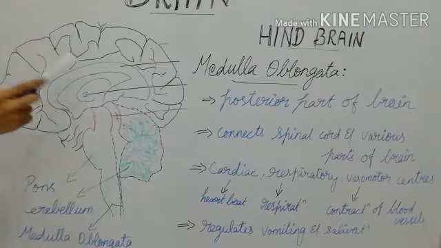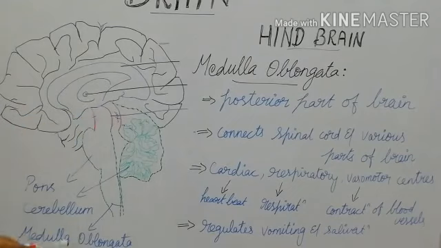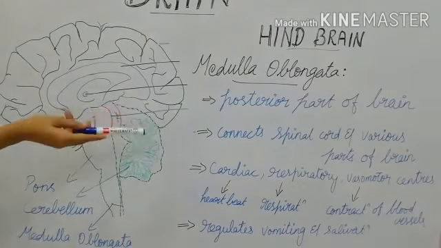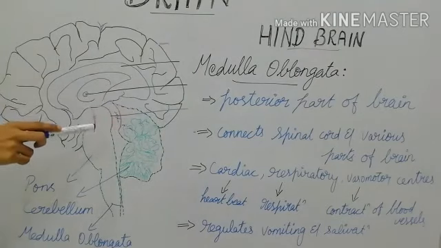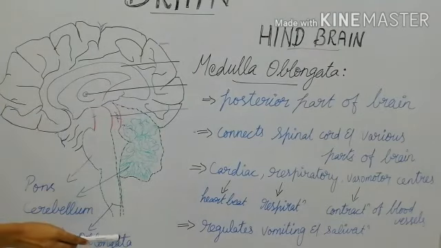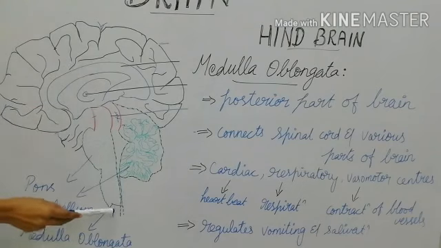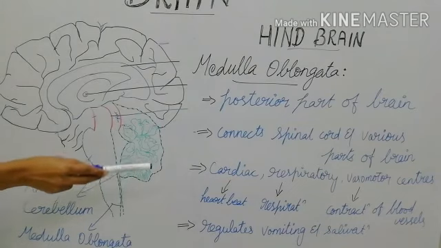And the next part of the hindbrain is the medulla oblongata, and it is present at the posterior part of the brain, that is the backside of the brain, and it will connect the spinal cord and various parts of the brain. So it will connect the spinal cord with other parts of the brain, and it contains cardiac centers, respiratory centers and vasomotor centers.